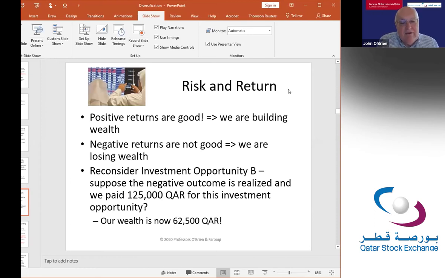So considering opportunity B, if the negative outcome is realized and you've paid 125,000 reals for it, even though your expected return is 25%, your realized return is suddenly negative because the bad outcome happened. So welcome to the world of investing. We all have to deal with the possibility of bad outcomes that are going to destroy wealth.